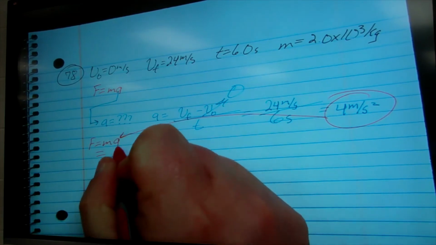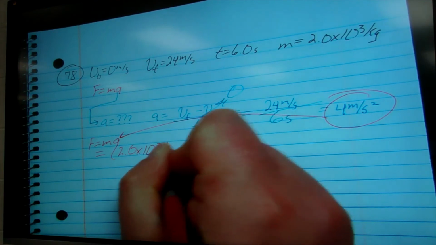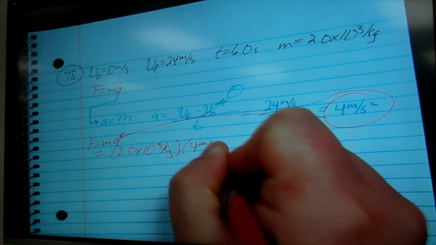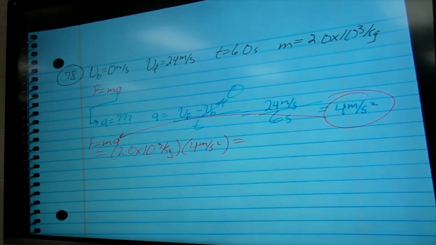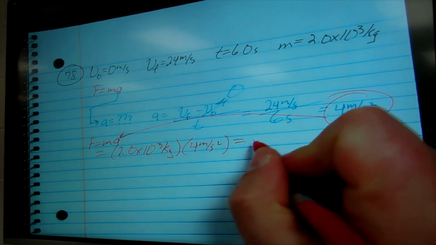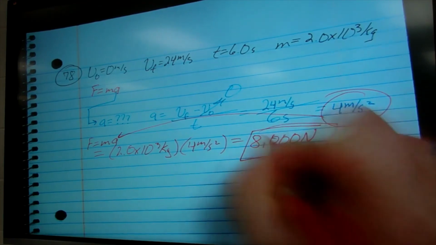So it is equal to the mass, which is 2.0 times 10 to the third kilograms, times that acceleration, 4 meters per second squared, which will give us 8,000 newtons. Yep, he's right. Bam.